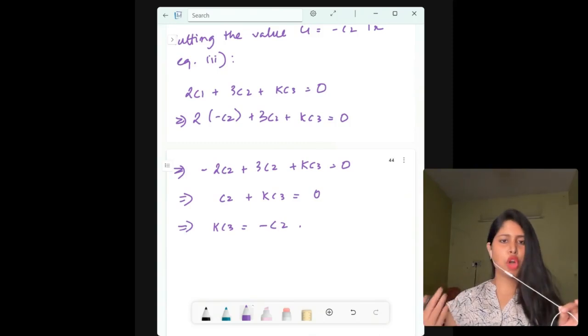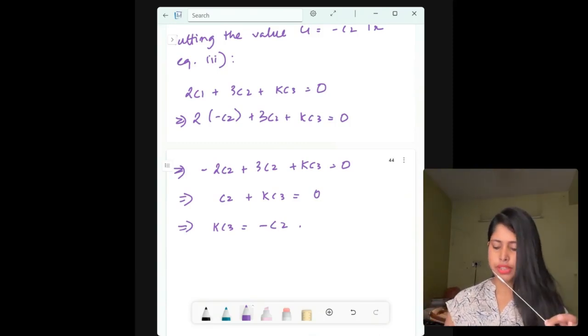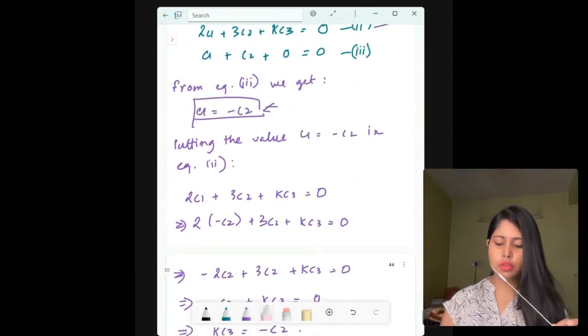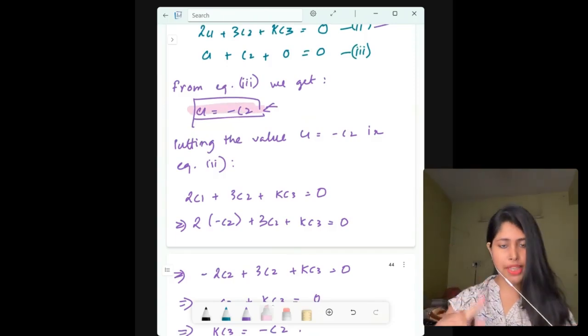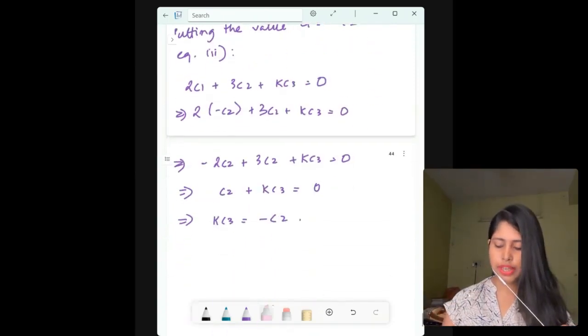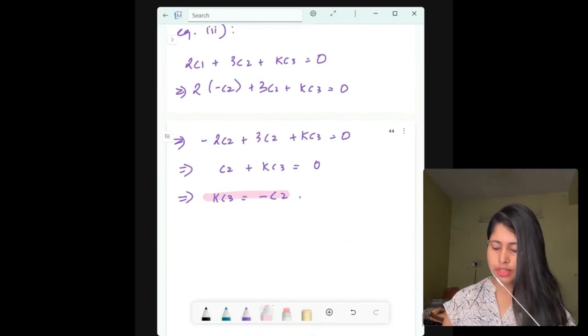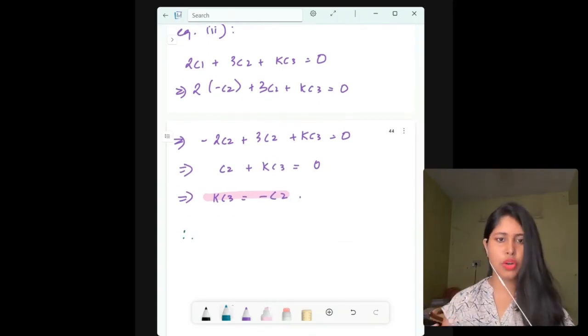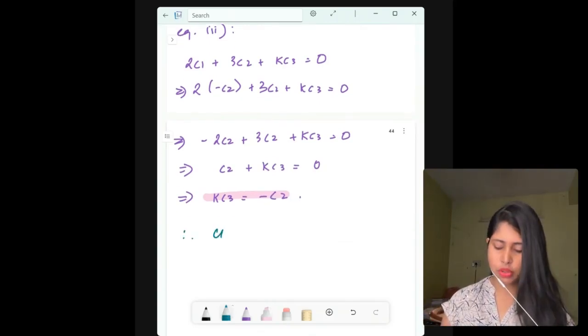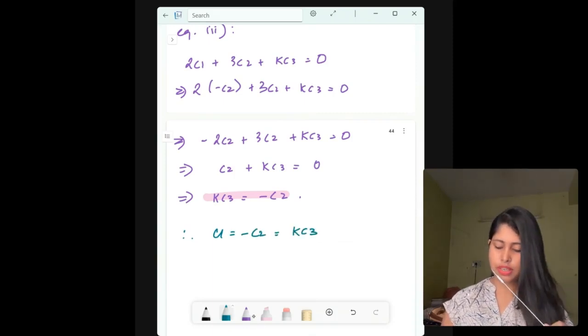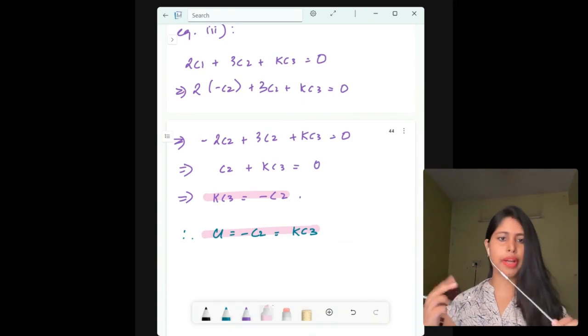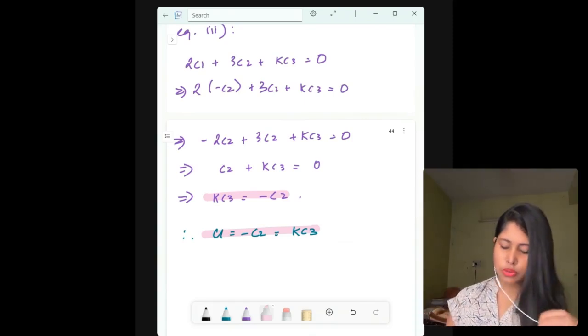Okay, so from here we get a relation that c1 equals minus c2, and again minus c2 equals kc3. So from these two results we can say c1 equals minus c2 equals kc3, right? This is the equation we get from combining the results. Now what do we do?